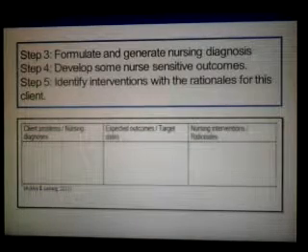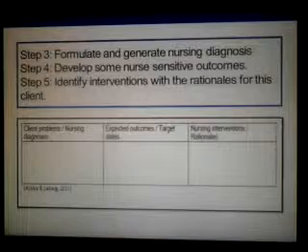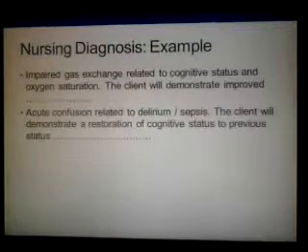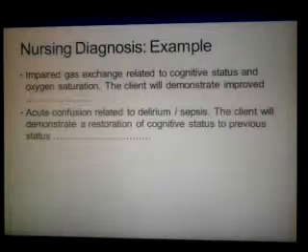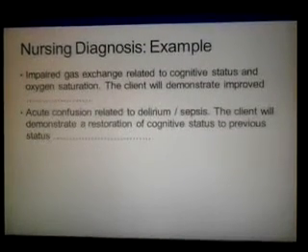So from this activity, the nurses will have developed a concept map, and they then need to move forward to create nursing diagnoses, nursing-sensitive outcomes, and interventions. For example, I would expect to see from the groups examples such as impaired gas exchange related to her cognitive status and/or her decreased oxygen saturation, which we know is related to the pneumonia, and that the client will demonstrate improved respiratory status or gas exchange with the following parameters.